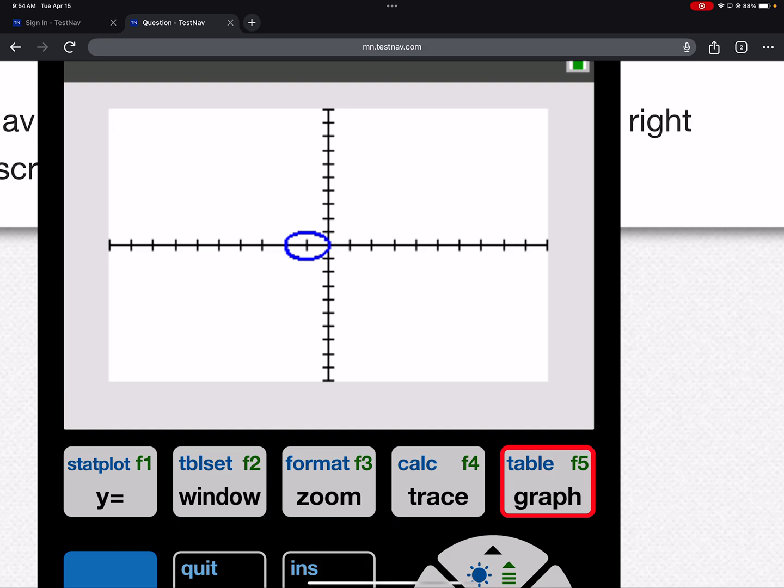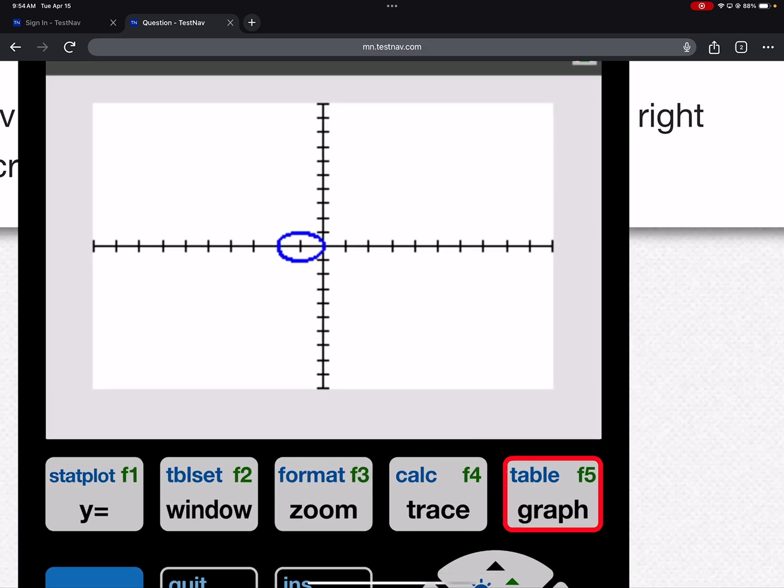Does anybody not see that? I know it looks like an oval, but it's supposed to be a circle. No? Can you reset your calculator? Go to second memory, and then reset. It might be your window then. Go to zoom 6.